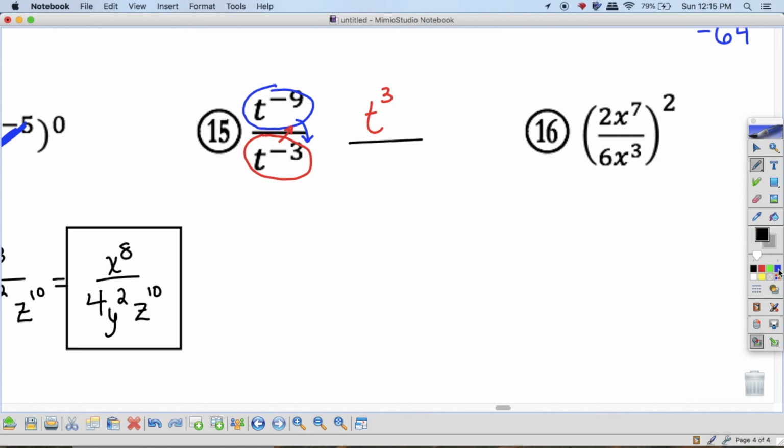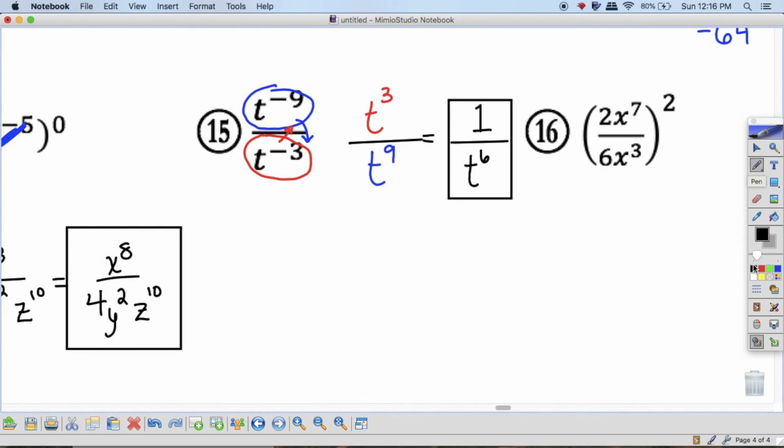T to the negative 9th on the top would be a t to the positive 9 on the bottom. And then when I look at this, if there's 3 t's on top, 9 t's on the bottom, where are there more and how many? There are 6 more on the bottom. And if there's nothing on the top, I put a 1. That's one way you could do this.